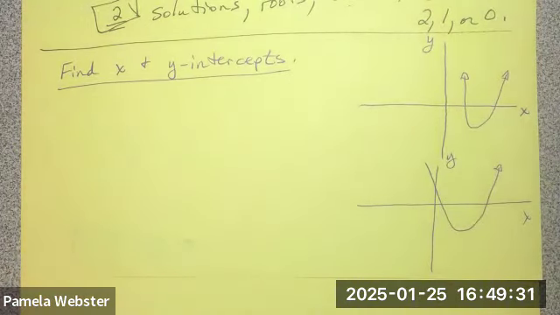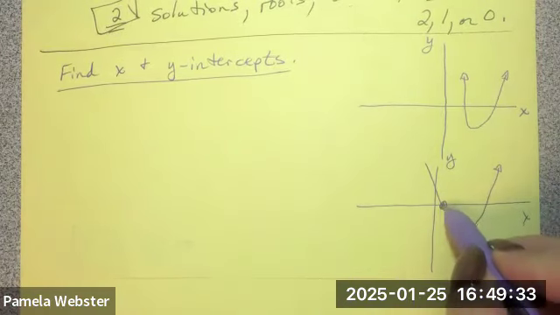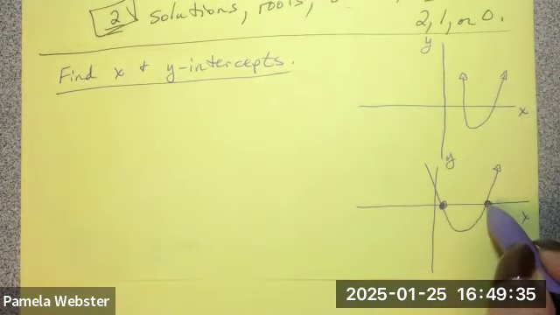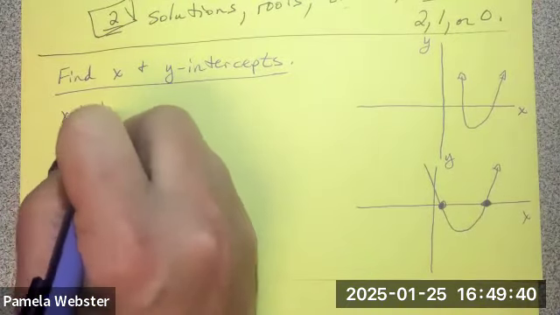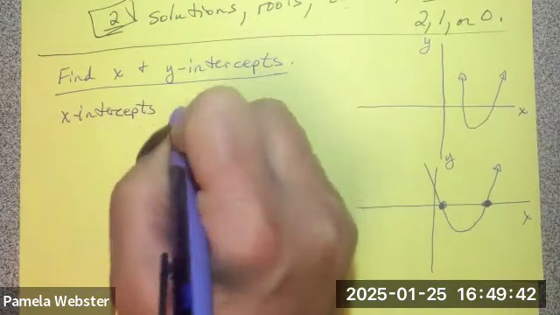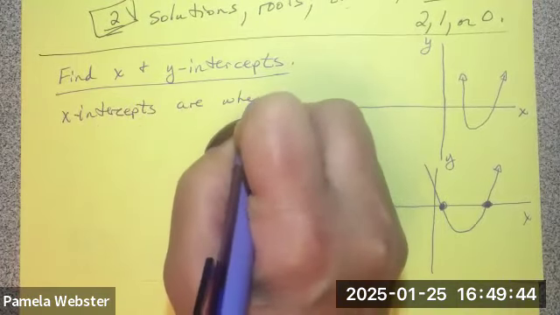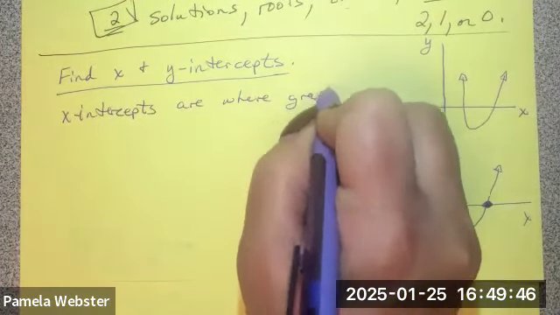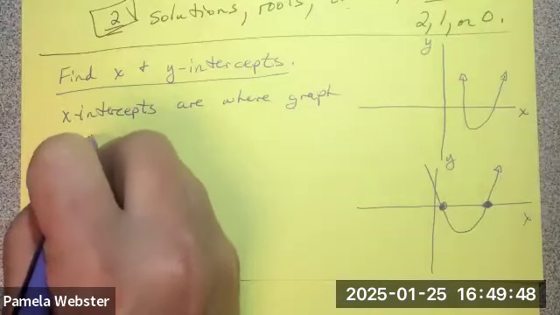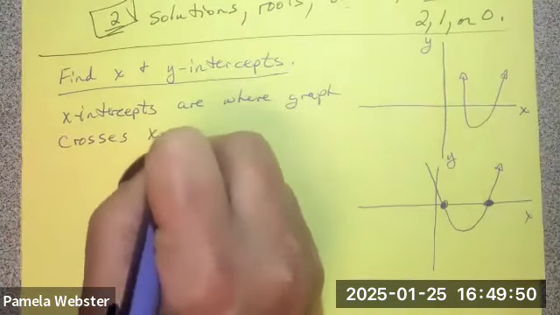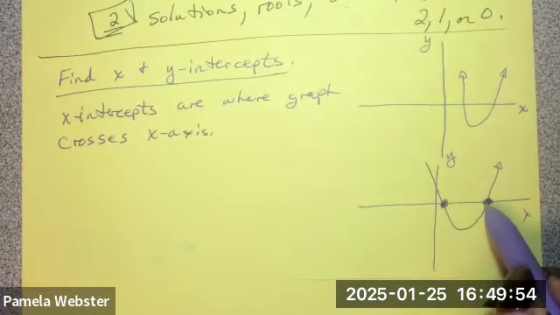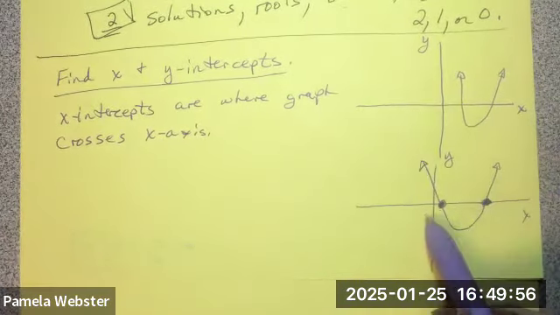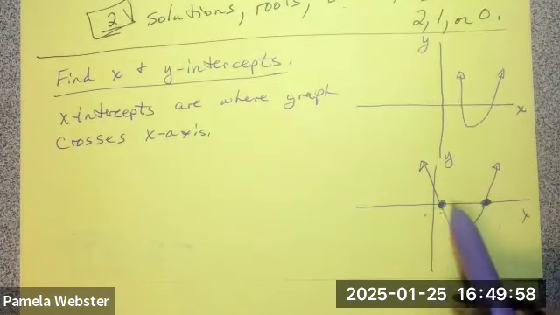So if I want to talk about the x-intercepts, sure enough, x-intercepts are where you cross the x-axis, right? X-intercepts are where the graph crosses the x-axis. Absolutely. And right here in this particular picture, you can see that I'm crossing it in two spots, right?